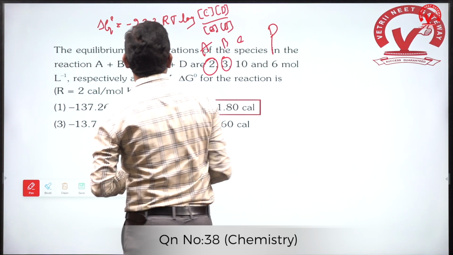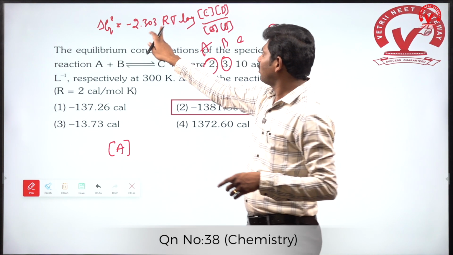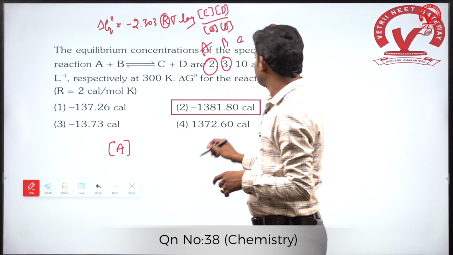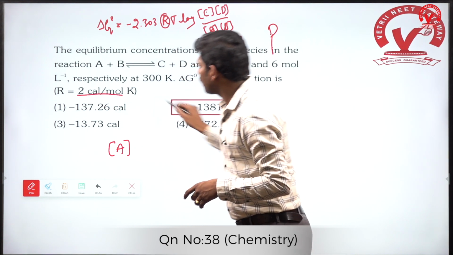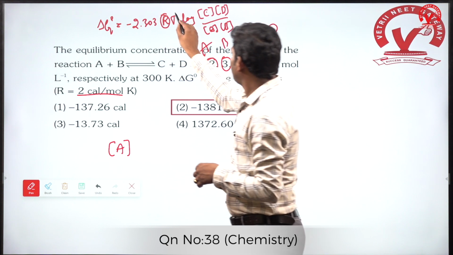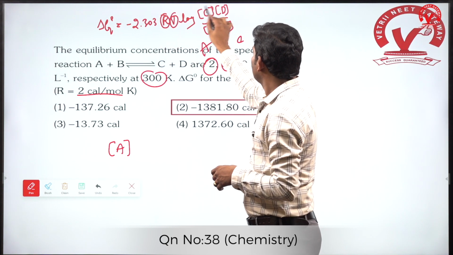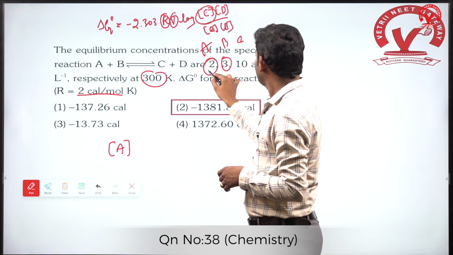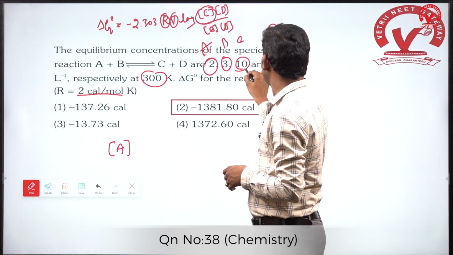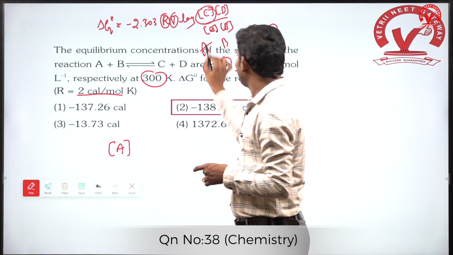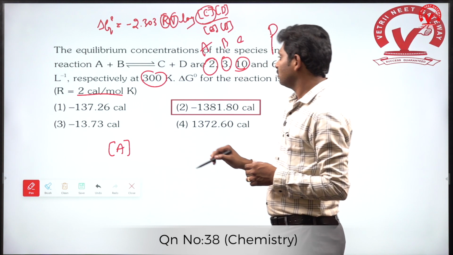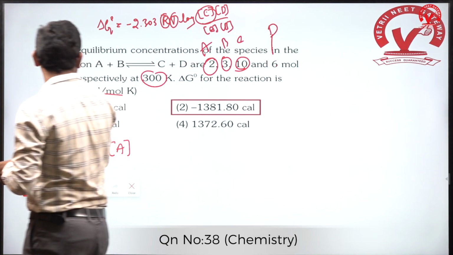So you can substitute direct values: 2.303, R value 2 kilocalorie per mole, temperature 300 Kelvin, and log of C value 10 into 6 by A value 2 into 3. If you substitute the values, the answer will come.